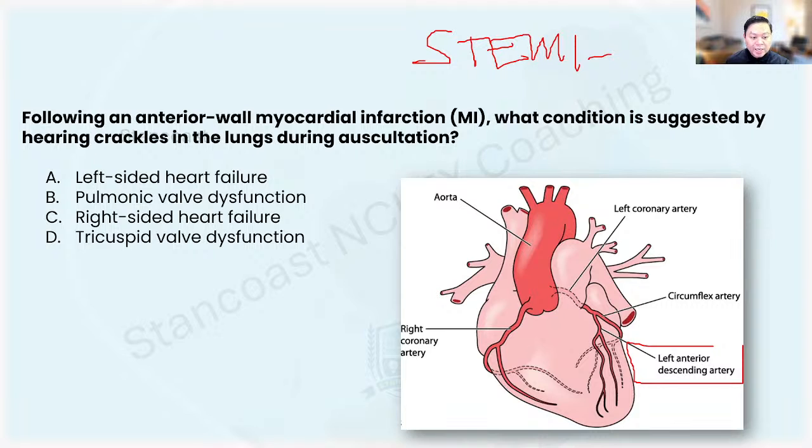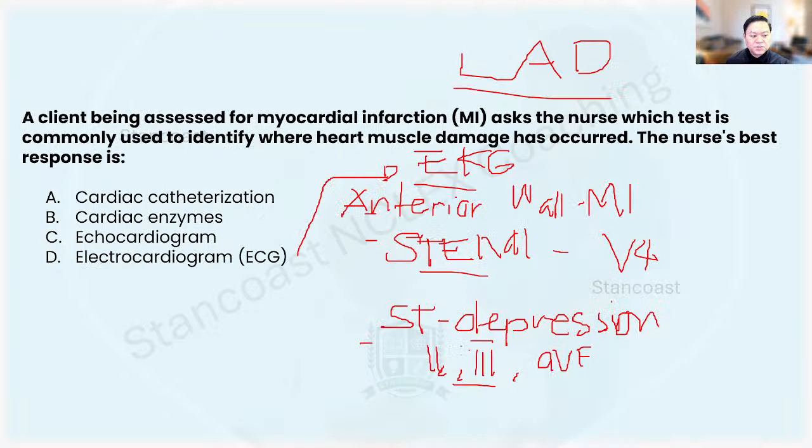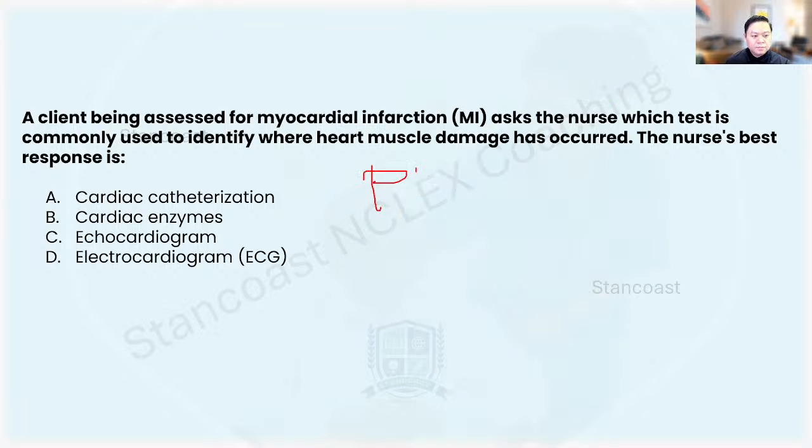Now we're talking about the posterior wall, which is basically right here on the back portion of the left side of the heart. That's the posterior circulation. For the posterior circulation, the EKG changes that you will be seeing will be ST segment depression.